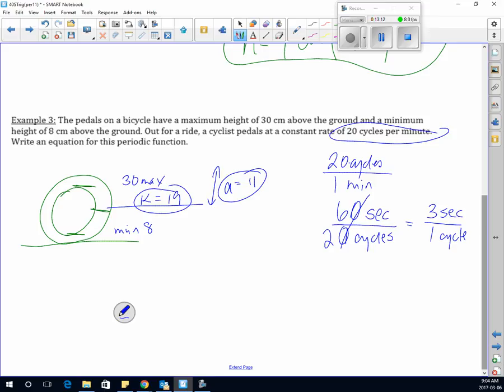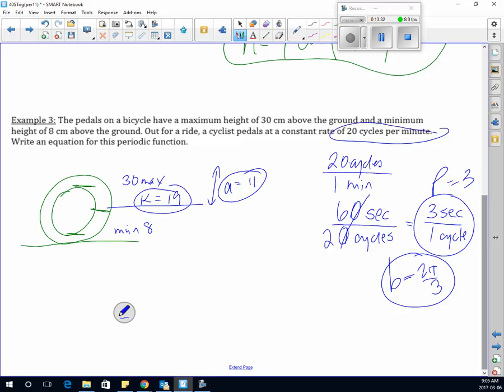Yeah, you're kind of just coasting. Anyways, does everybody see what I did? So my period is 3. So what's my B? 2 pi divided by 3. Okay.